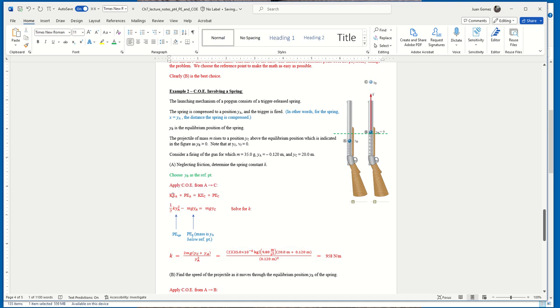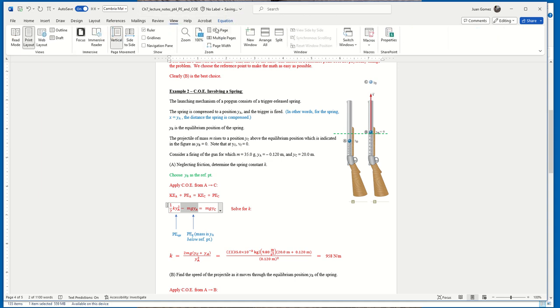So again, KEA is 0. Now the potential energy at A is a combination of the spring potential energy, 1/2 k YA squared, and the gravitational potential energy. The gravitational potential energy is minus mgYA. How come? Because the projectile is at a distance of YA below the equilibrium position.